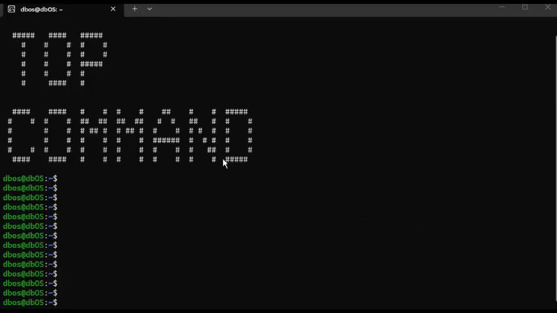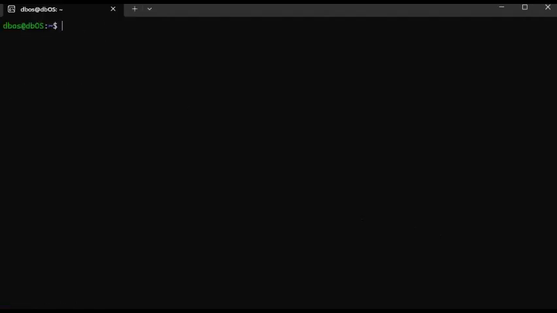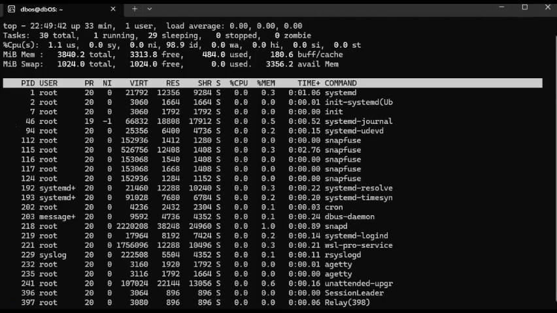So the Linux top command helps you to see things like CPU usage, memory usage, running processes, system load, etc. To have it running, you just type the word top, T-O-P, enter.